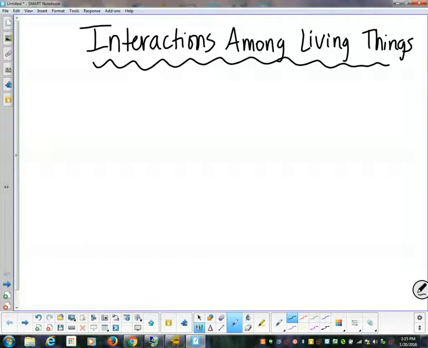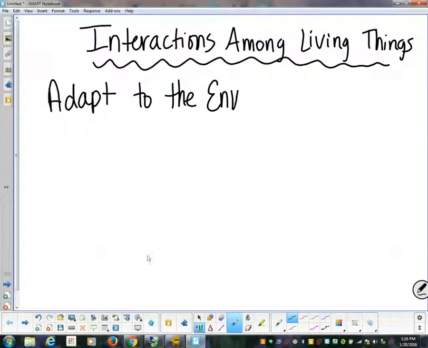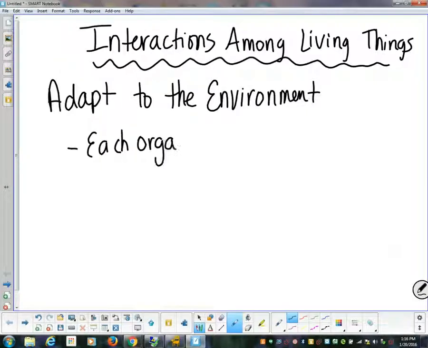And to start with, we're going to talk about how organisms adapt to the environment. Okay, so each organism has its own set of unique characteristics.